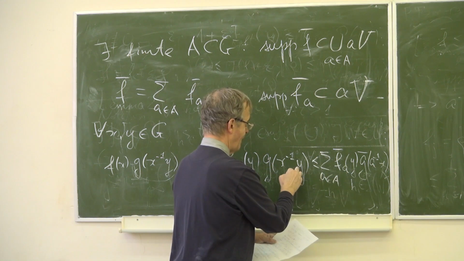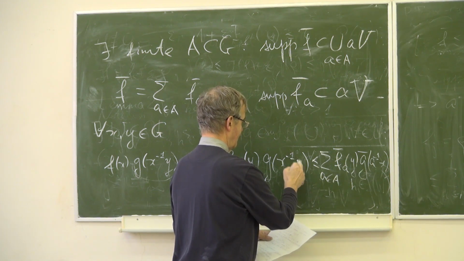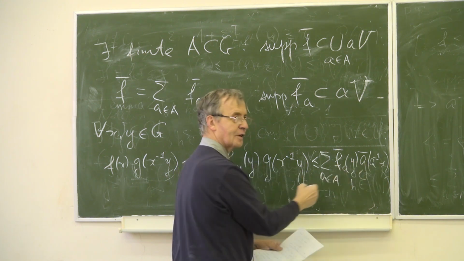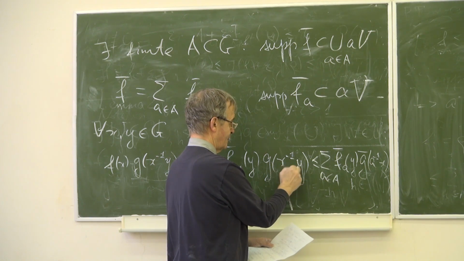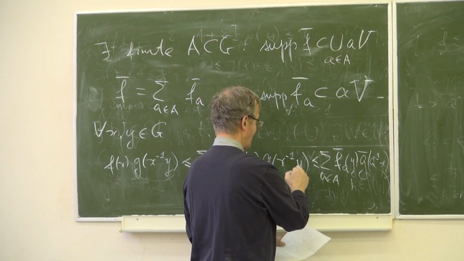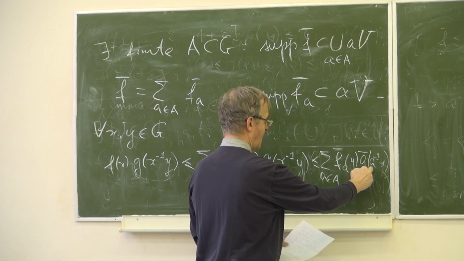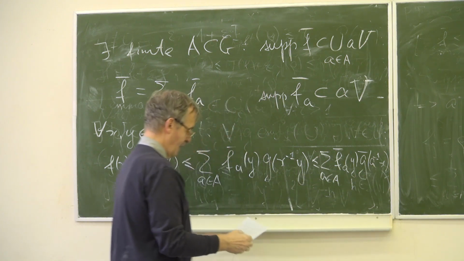So y becomes constant, and the order of factors is changed. So here we had x to the power minus 1 first, and then y, and here we have some constant in place of y, but as the first place, and x is as the second place, okay?